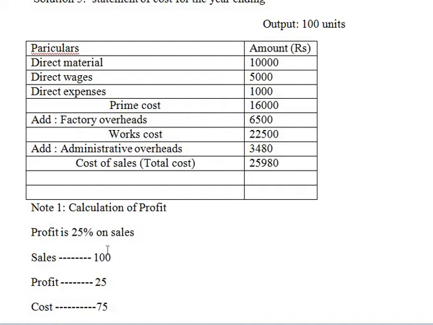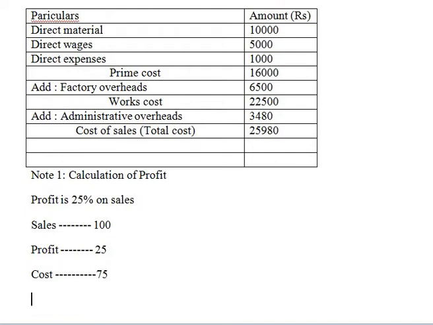Understanding this: we have assumed sales as 100, profit is 25% as they have given, so sales minus profit will give you cost. Understanding?